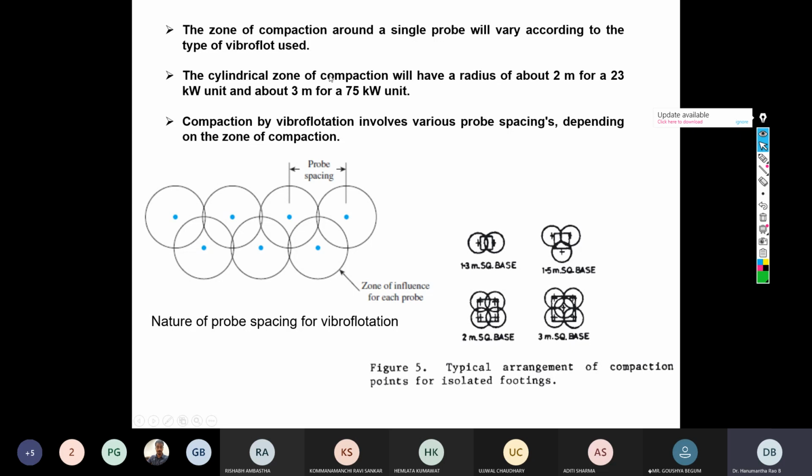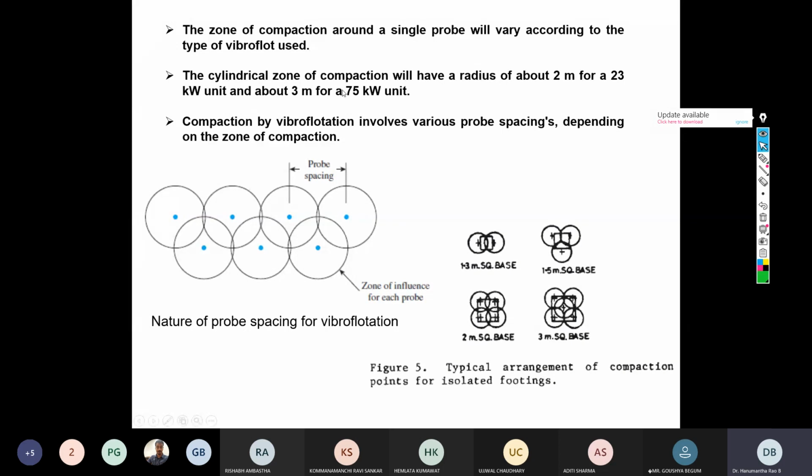The zone of compaction around a single probe will vary according to the type of vibrofloat used. We have also seen in the design aspects that the spacing has been related to the frequency or the capacity of the vibrofloat or vibroprobe. D'Appolonia recommended all the guidelines based on the 30 HP vibroprobe, while Webb took into consideration 100 kilowatt.